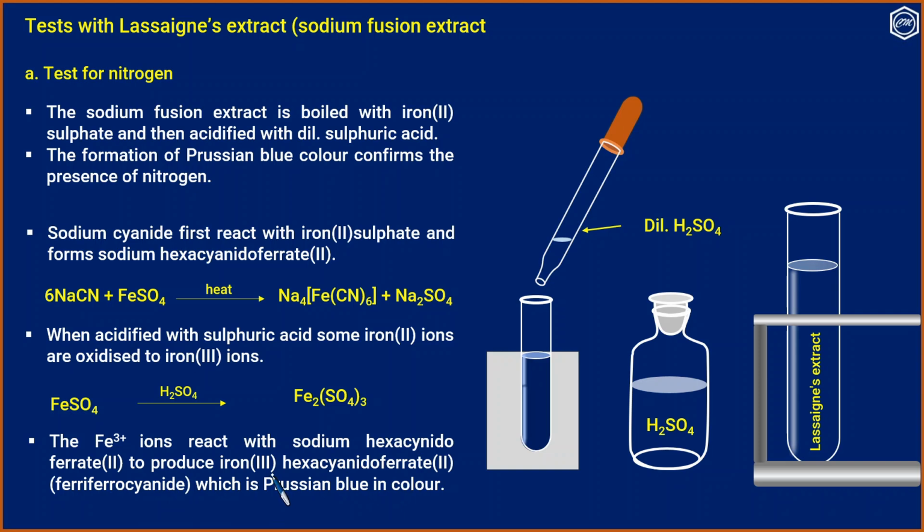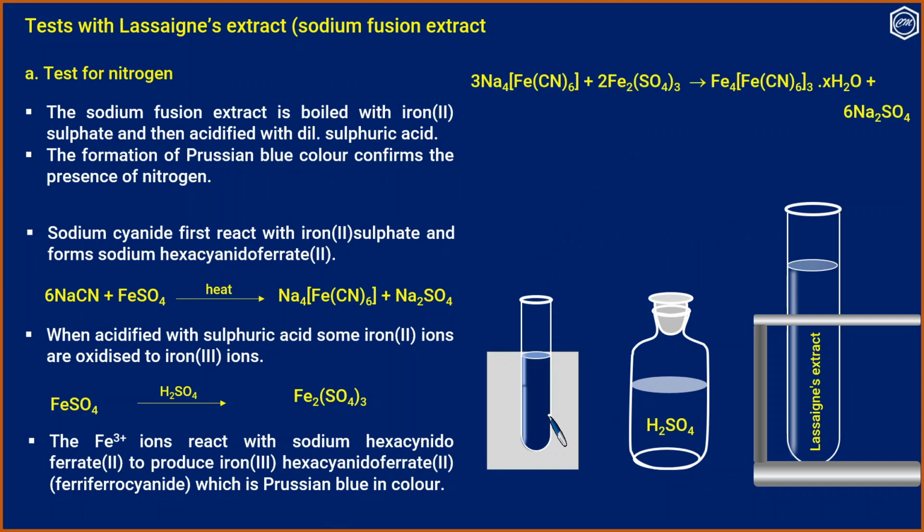And this iron(III) hexacyanoferrate shows the Prussian blue color, an intense blue color. Sodium hexacyanoferrate, now the ferric sulfate, then this is the Prussian blue. This complex gives the Prussian blue color. Sometimes we add ferric chloride solution so as to obtain a clear Prussian blue color.